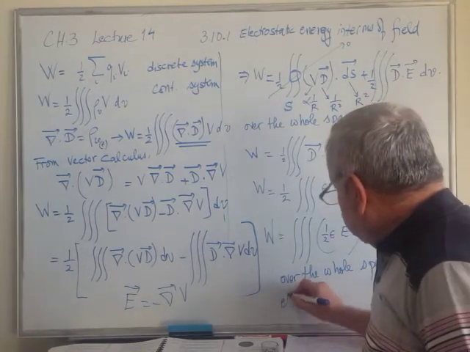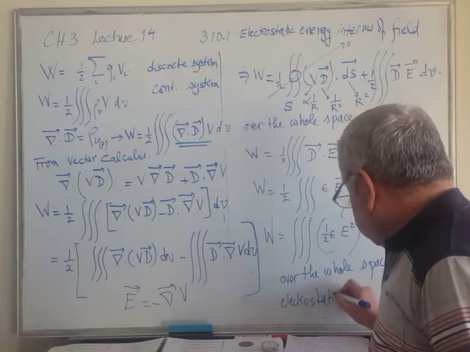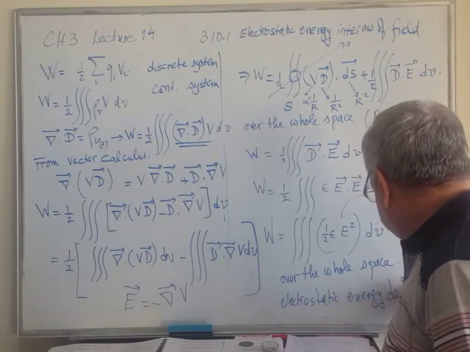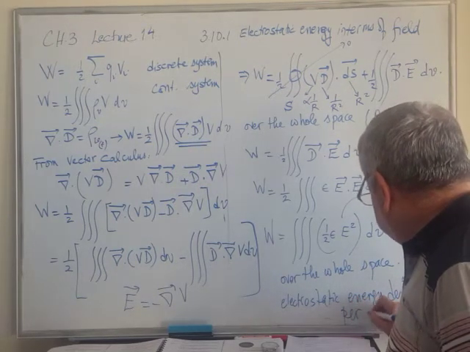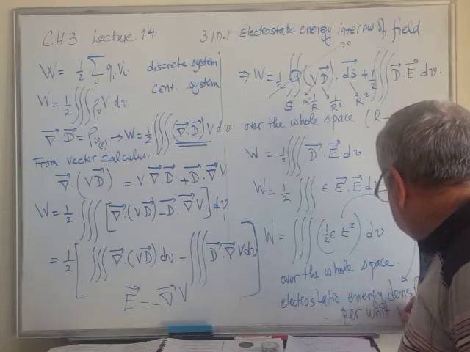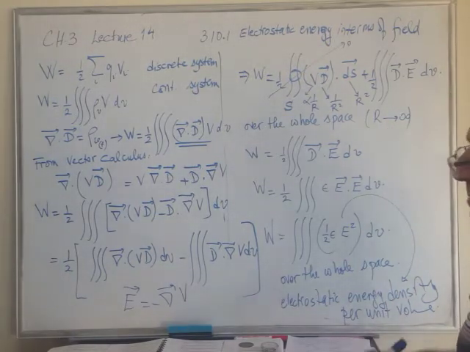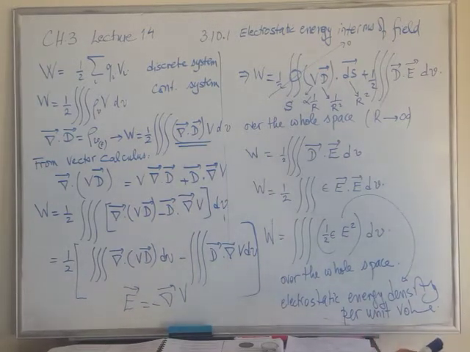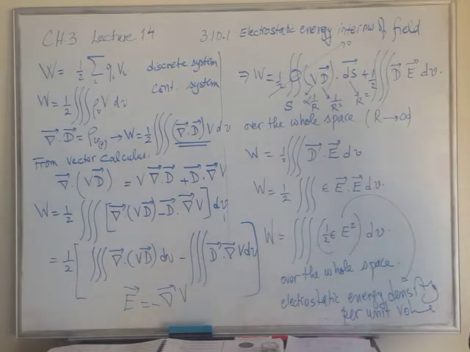That is the electrostatic energy density per unit what? Per unit volume. It is very similar to mass per unit volume, mass density, charge per unit volume, charge density. This is energy per unit volume. It's called the energy density.